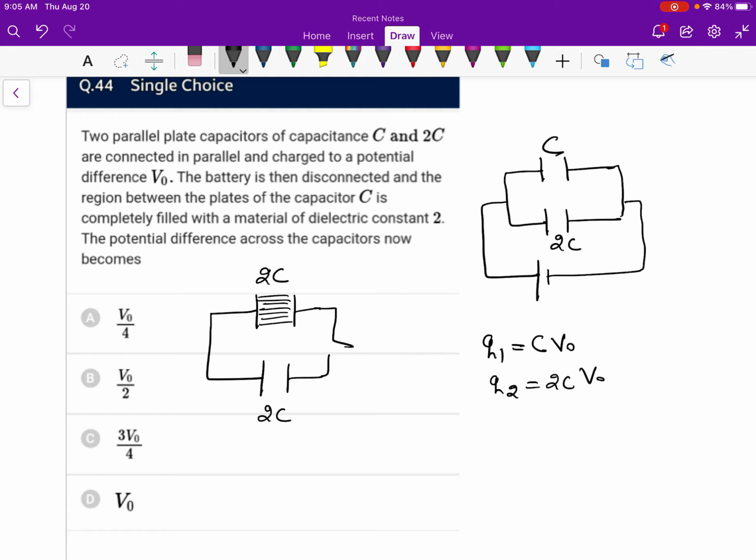And this is already 2C. The potential difference across the capacitors now becomes, by applying the common voltage formula, C1V1 plus C2V2 upon C1 plus C2.